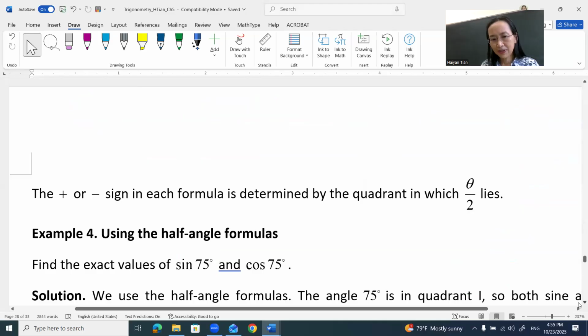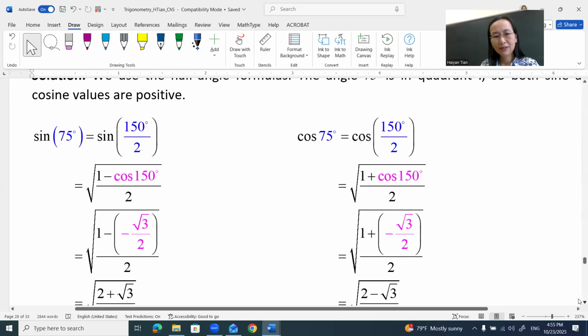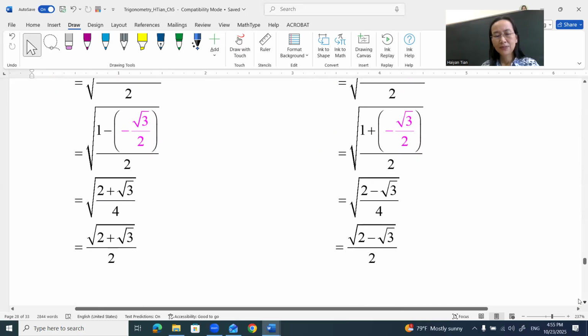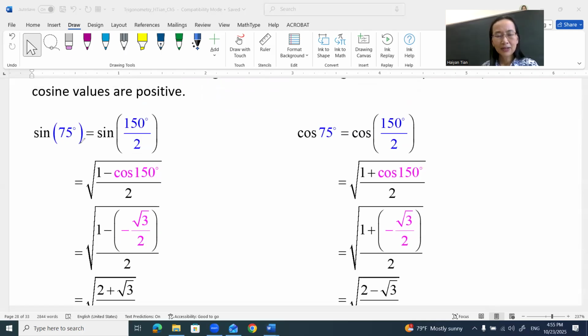Similarly, cosine 75, we can compare. What is the difference? Sine 75, we did it using the half angle identity. You see, 75 is viewed as half of 150.